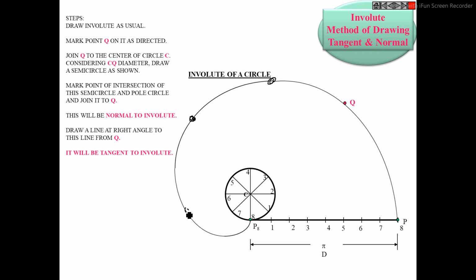It's your wish. But if they have told you to take this point Q from this horizontal tangent line at a distance of say 50 mm, then this will be your point Q. You cannot choose any other point as Q. Clear?